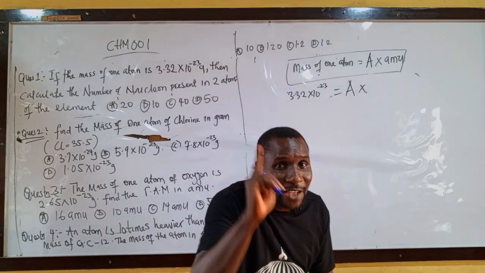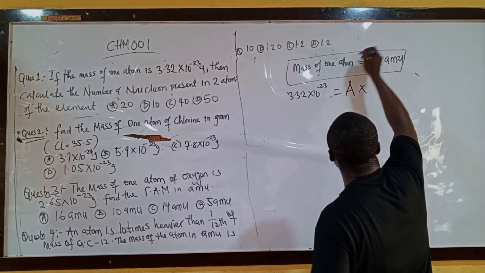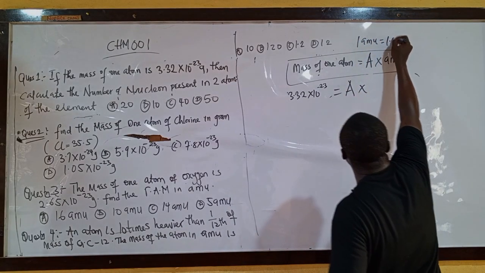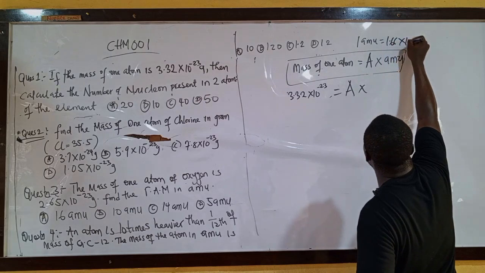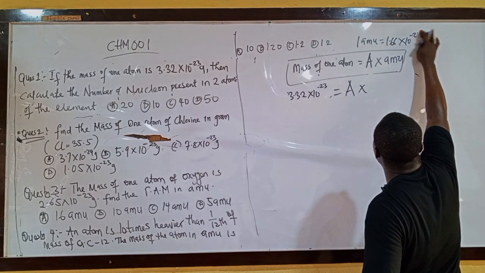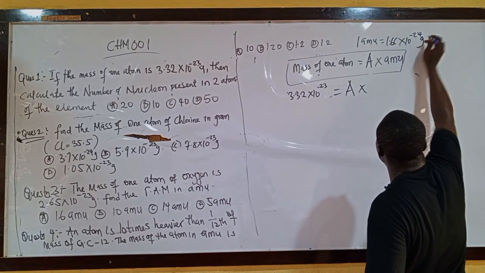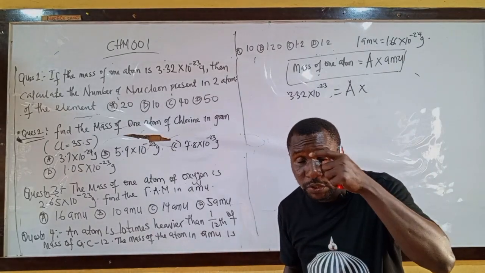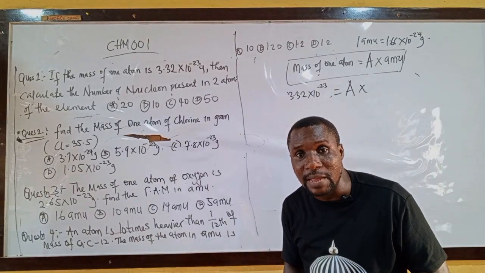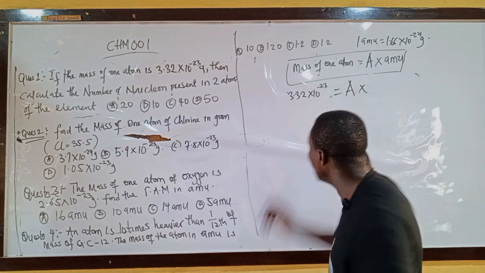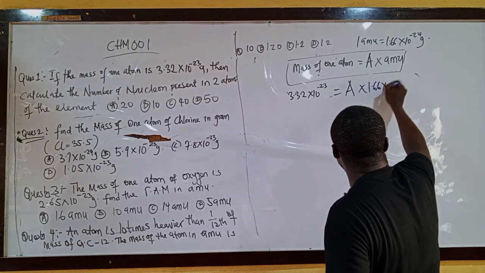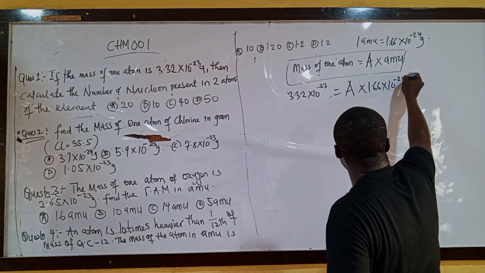Don't forget, I told you one atomic mass unit is given as 1.66 times 10 raised to the power minus 24 grams.